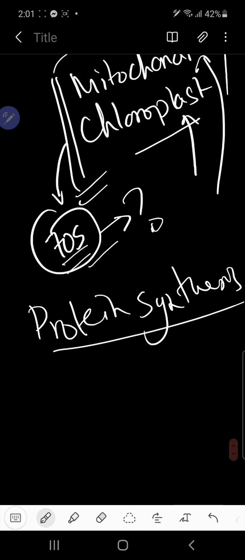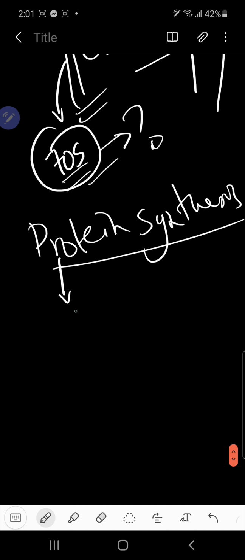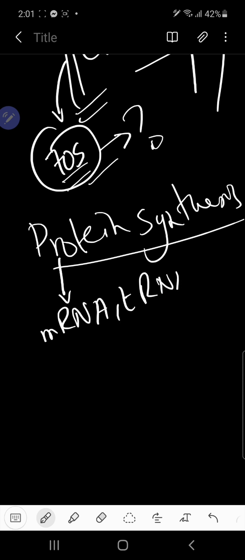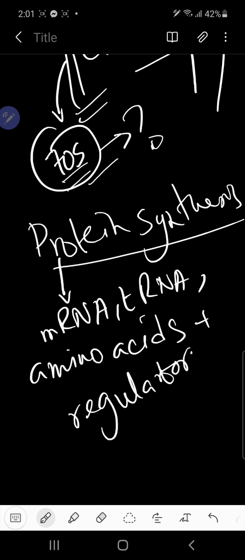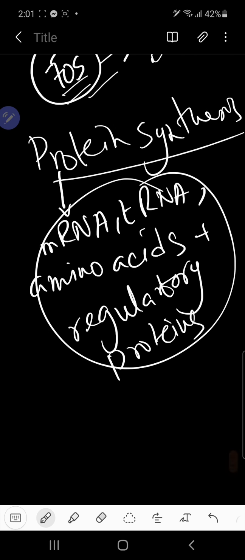During protein synthesis, ribosomes allow different things such as mRNA, tRNA, amino acids, and certain regulatory proteins to gather together.